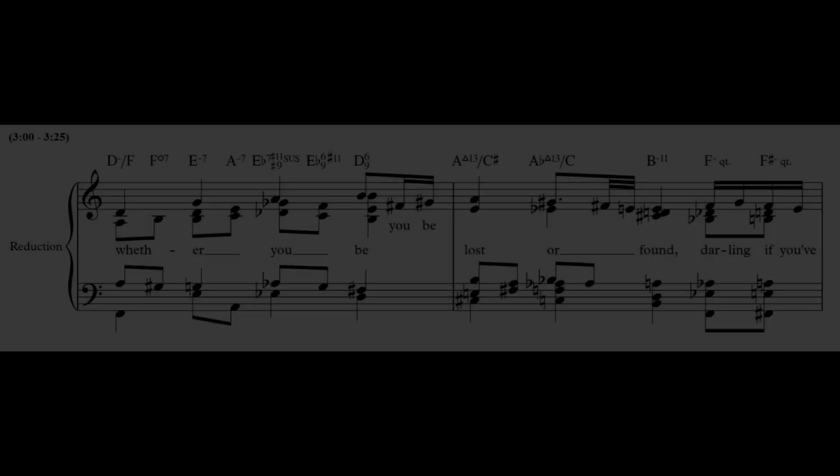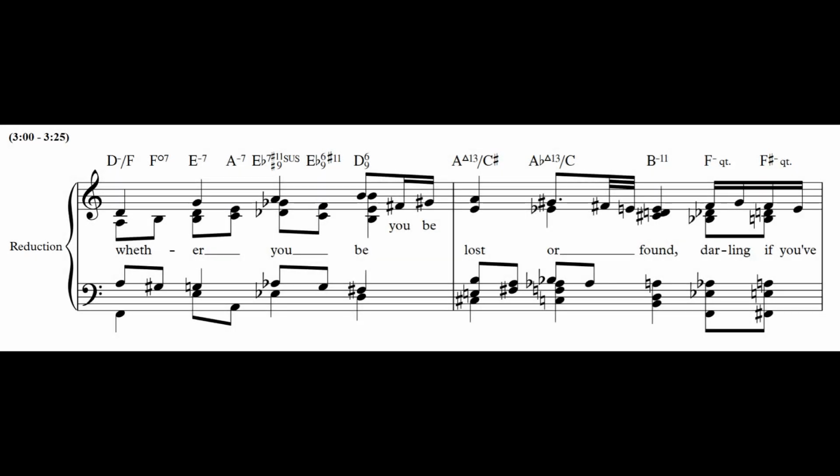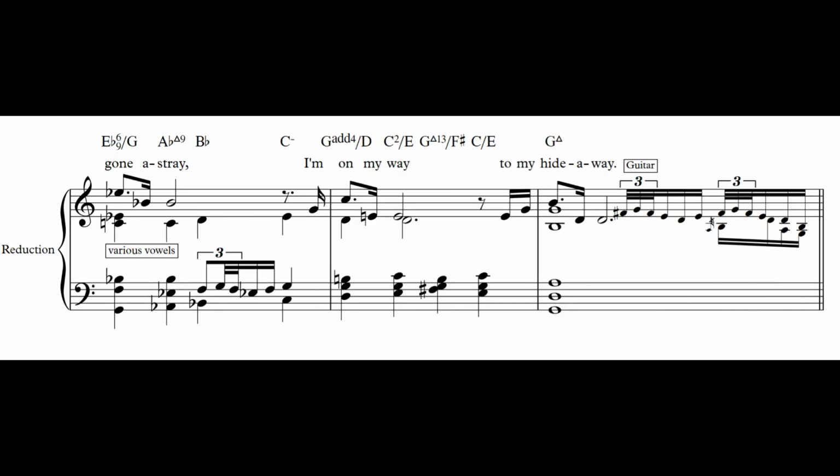Touch me. Whether you be lost or found, darling, if you've gone astray, I'm on my way to my hideaway.